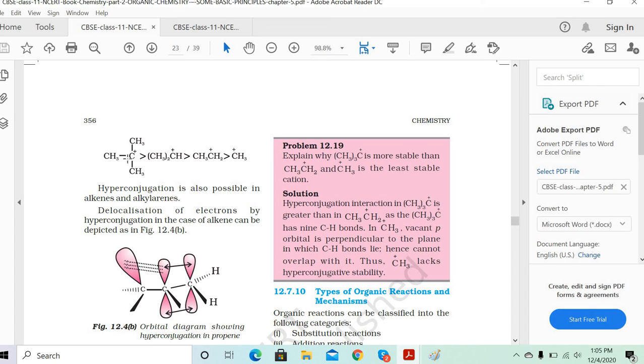We know the methyl group, ethyl group, all the alkyl groups are electron releasing groups, because they can break one of the single bonds with the CH, and then form the double bond with the carbon atom and make it stable.